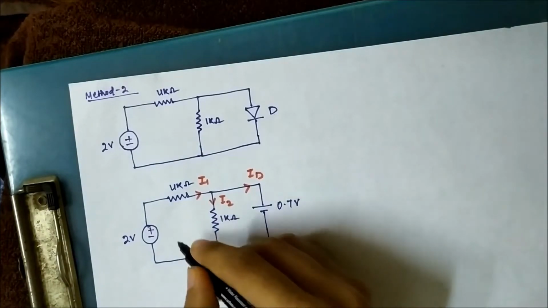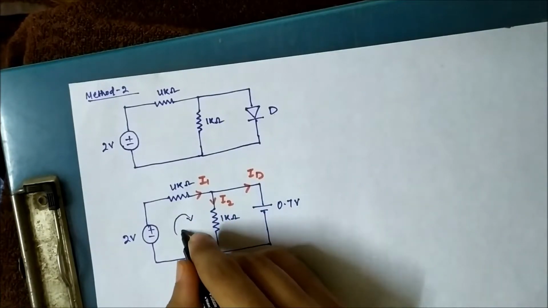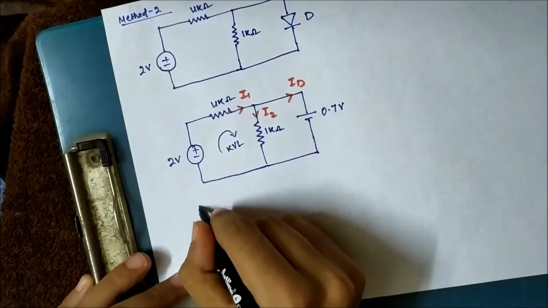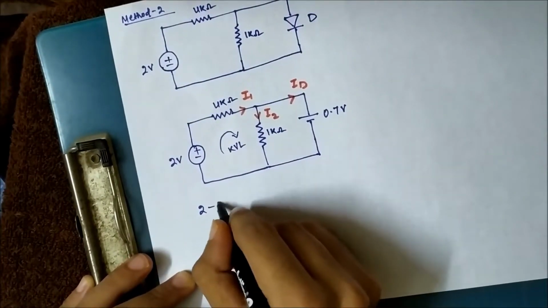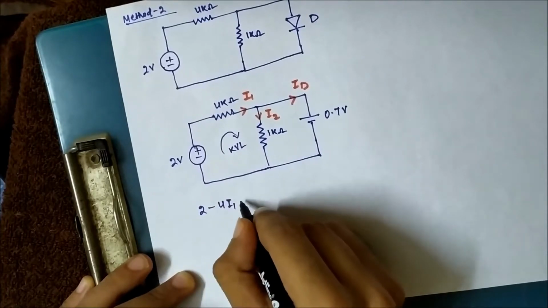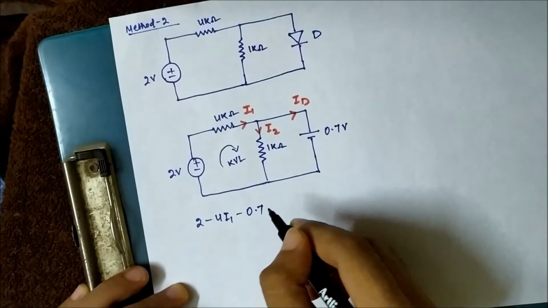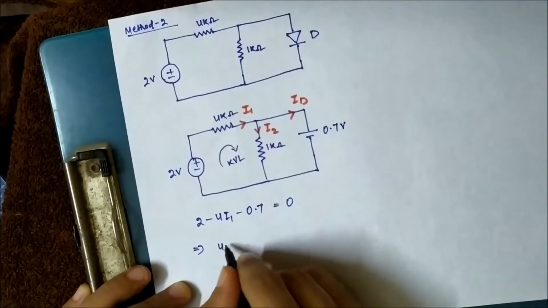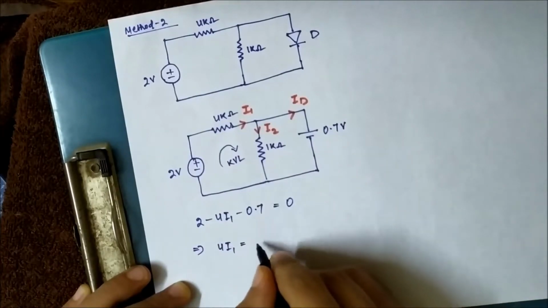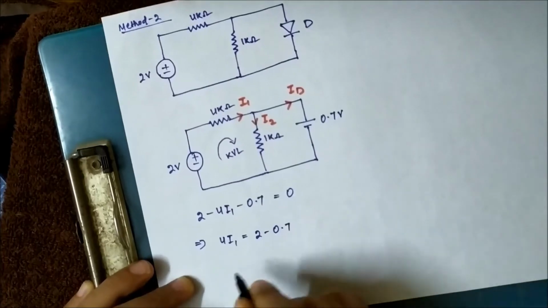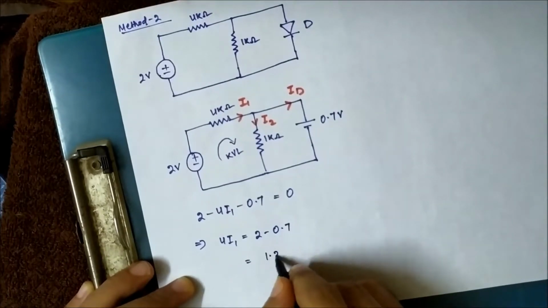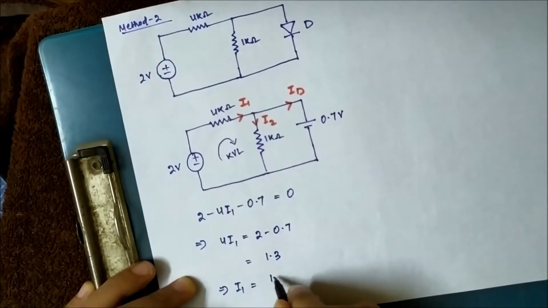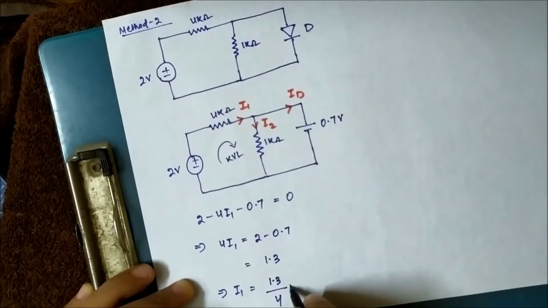If we apply KVL in this loop, we will get the KVL equation as 2 minus 4I1 minus 0.7 is equal to 0. That implies 4I1 equals 2 minus 0.7, which is equal to 1.3. That implies I1 is equal to 1.3 by 4 milliampere.